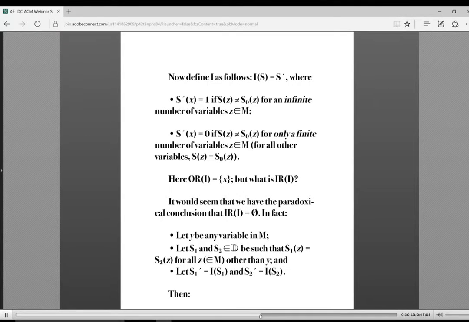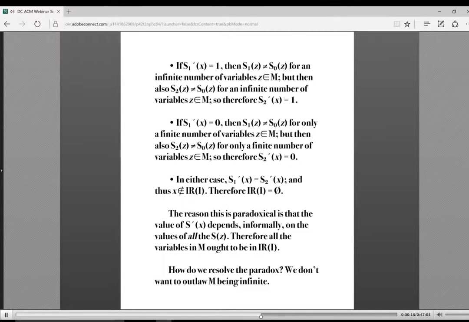Then, if S1 prime of X equals 1, then S1 of Z is unequal to S sub 0 of Z for an infinite number of variables Z in M. But then also S2 of Z is unequal to S0 of Z for an infinite number of variables Z in M. So therefore S2 prime of X is also equal to 1.